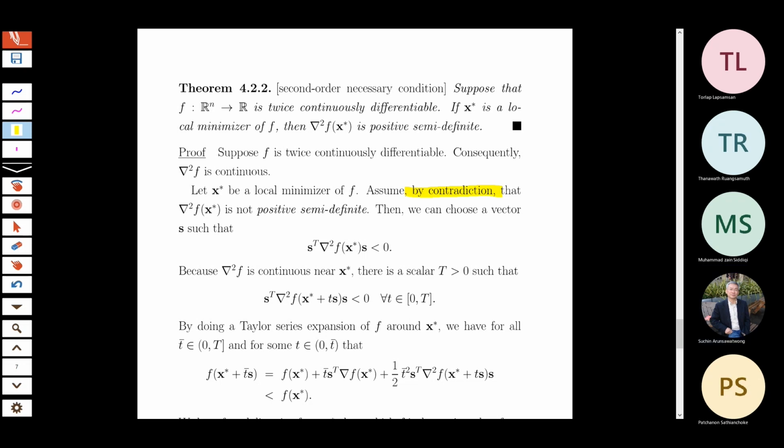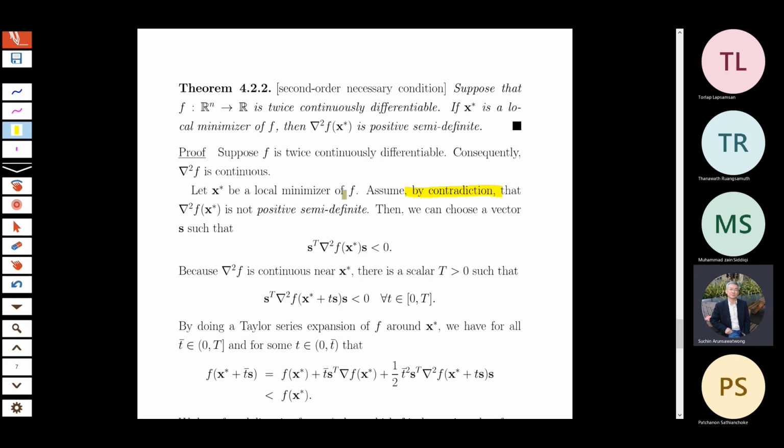That is a way to tell readers that you are going to use the contradiction method. You don't have to, and professional mathematicians already know. But if you want to make it clear so that the reader can prepare themselves to read this, then you just say, okay, assume by contradiction.